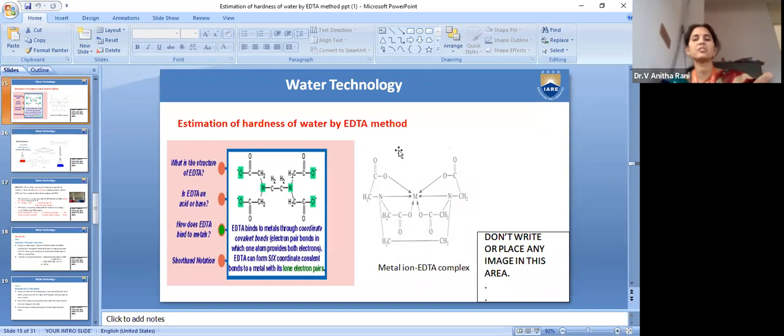But by looking at this complex, you can understand easily that the dissolved calcium and magnesium salts in the water sample react with the EDTA, and EDTA shares its electrons with the metal ions, forming a calcium or magnesium EDTA complex. So it is known as the complexometric method.